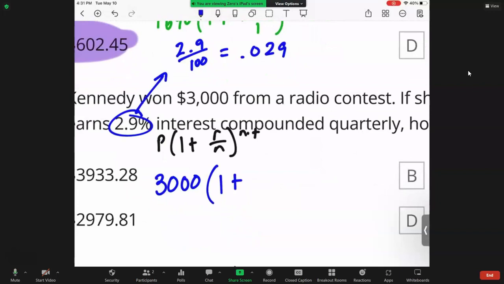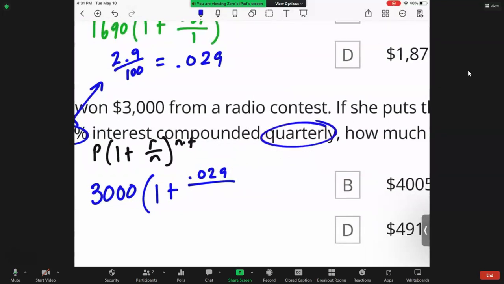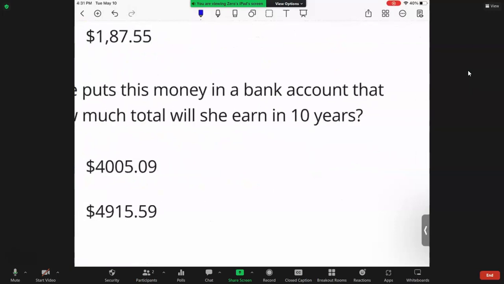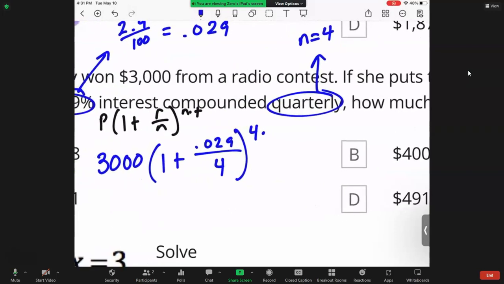That's the interest rate. N is how much she gets compounded. So quarterly. Quarterly means that N is equal to 4. So 4. Then there's a 4 again. And then times the T. How long is she paying in years? 10 years. 4 times 10.